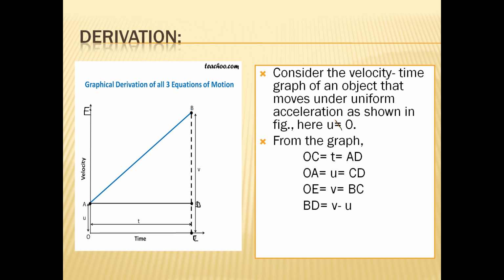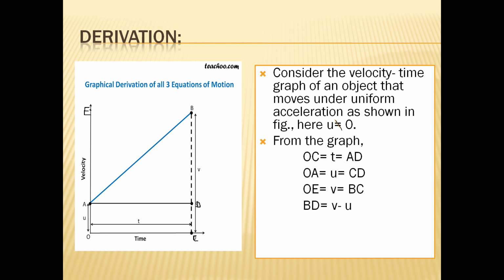OE is given by v, its parallel side BC is also given by v. Here BD has no notation, but we can find it by BC minus CD. BC is v minus CD is u. BC minus CD gives us v minus u. So the measurement of BD is v minus u.